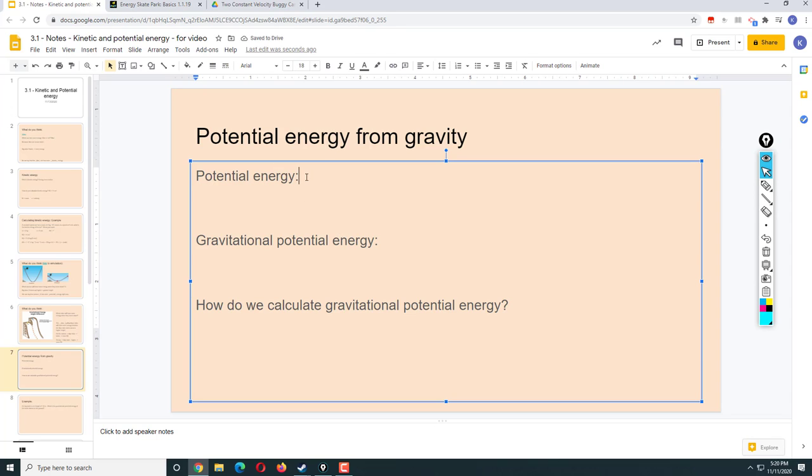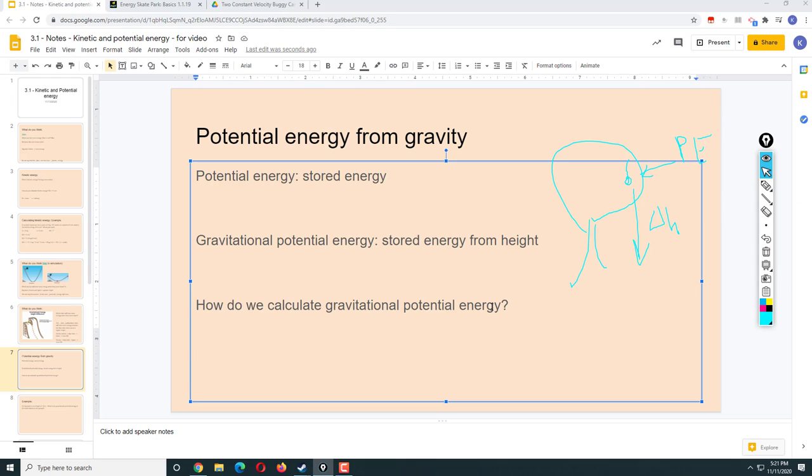Potential energy is stored energy, and gravitational potential energy is stored energy from height. Anytime we have something that can fall, if there can be a change in height, we say that it has some sort of potential energy that's stored.